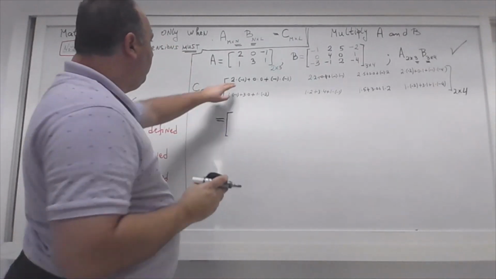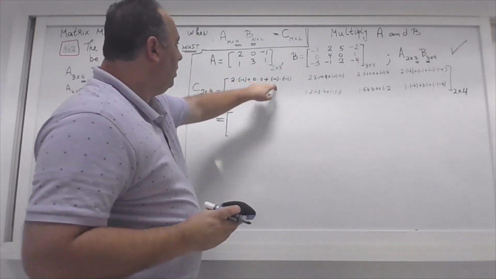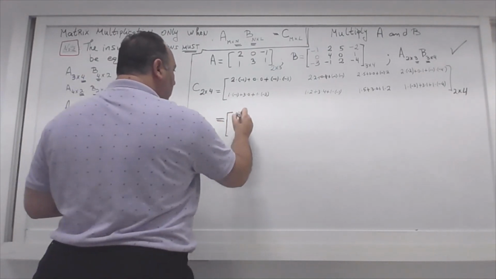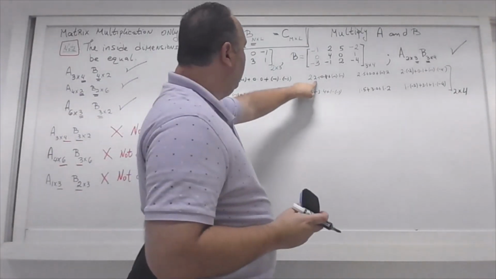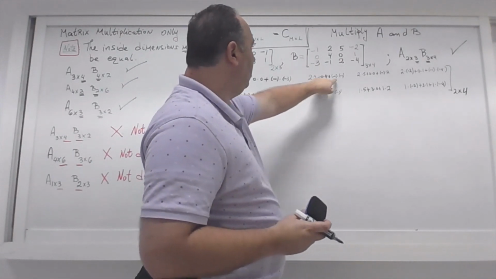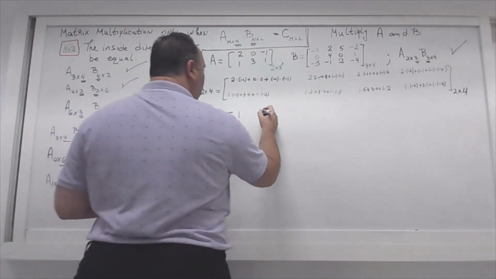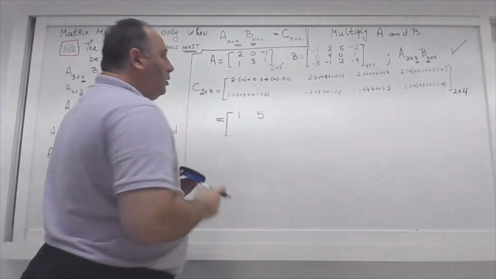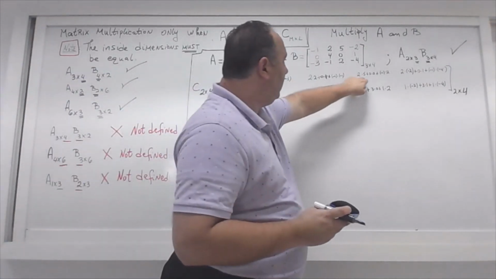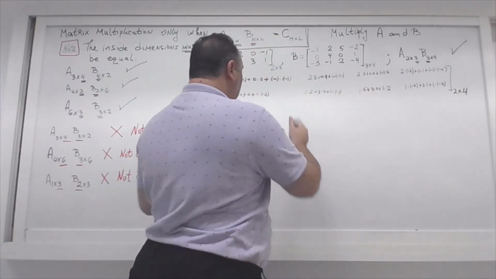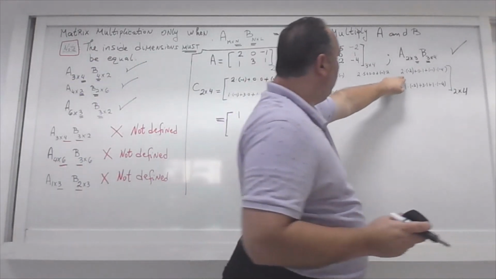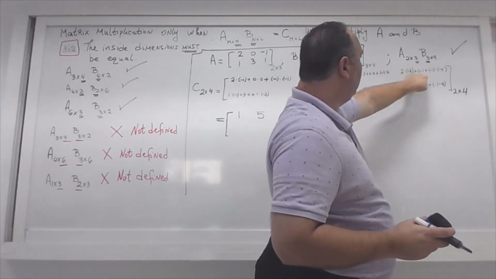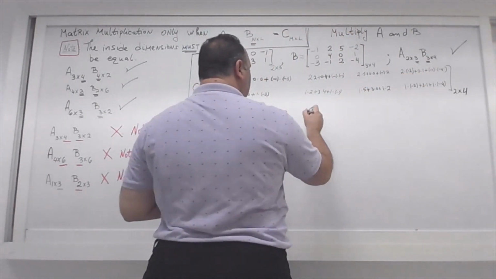So I have negative 2 plus 0 plus 3, so that's 1. Then this one is 4 plus 0 plus 1, so that's 5. And this one is 10 plus 0 minus 2, so that's 8. The last one, entry 1,4, is negative 4 plus 0 plus 4, that's 0.